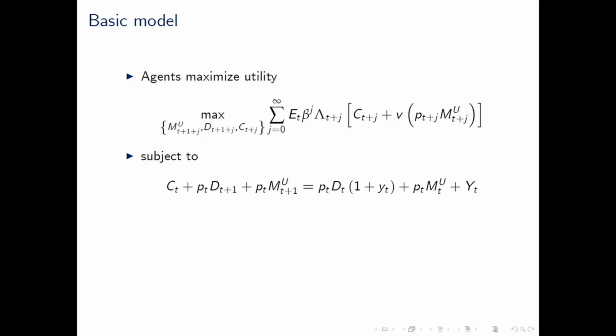And then this is the budget constraint. Every period the agents choose how much to stake, D, and how much to use. They start the period with some stake and money used from the period before, they get the compensation, and they make the choice for next period.